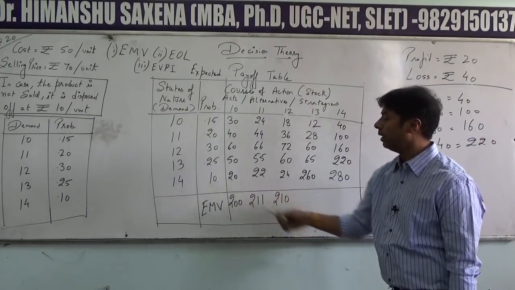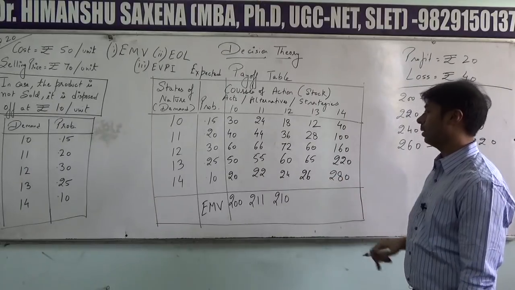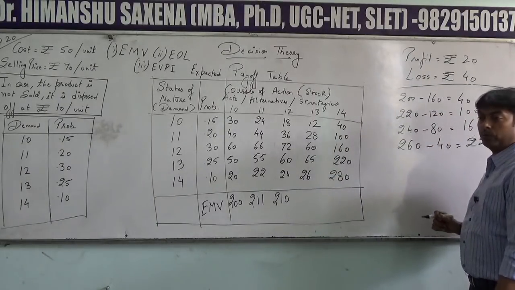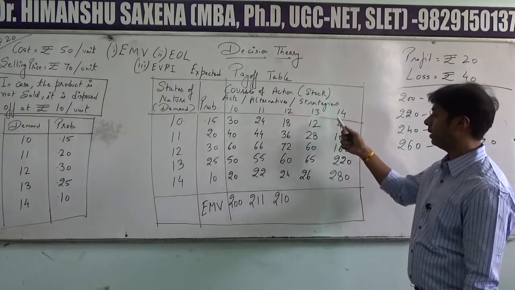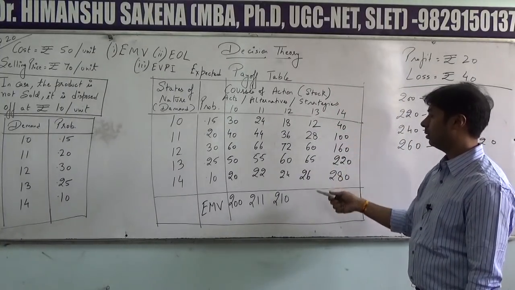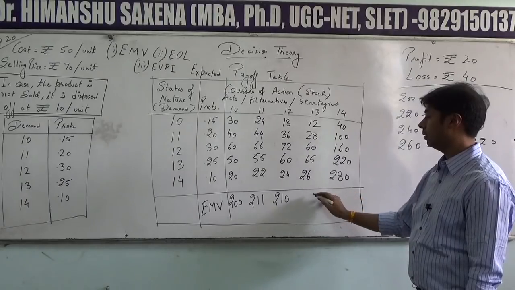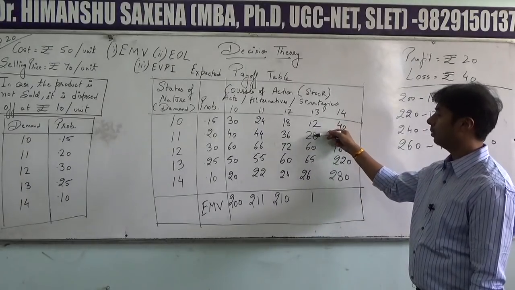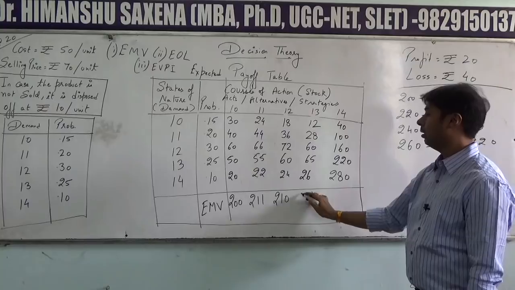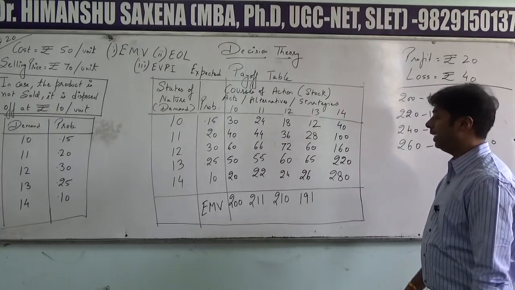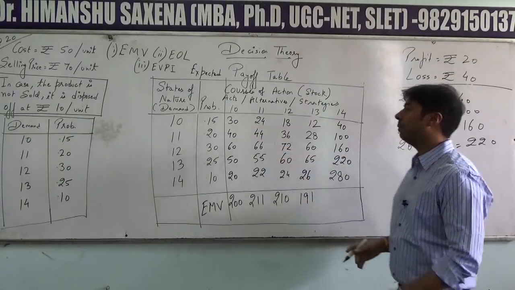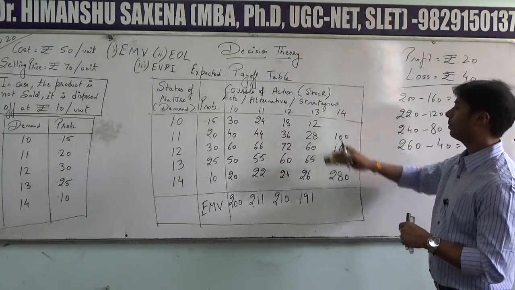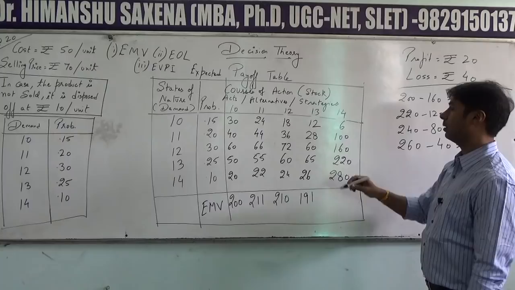And 260 multiplied by 0.10 will be 26. Now adding up all these values, what is the total? 191. Now finally the last one, 40 multiplied by 0.15 will give you 6.